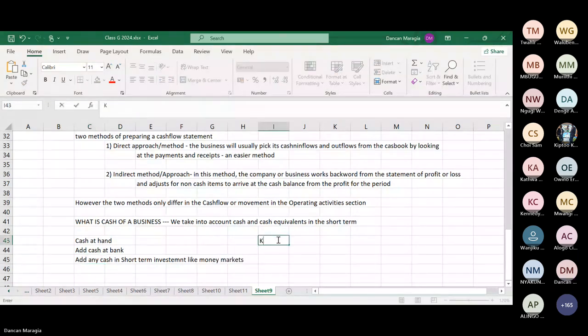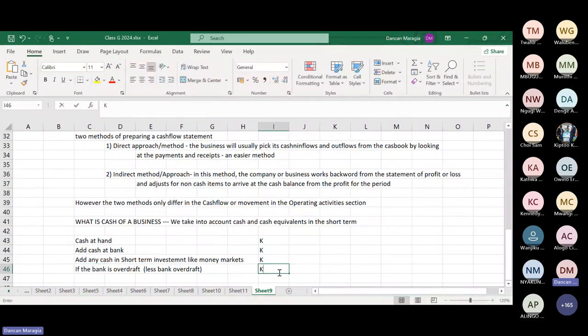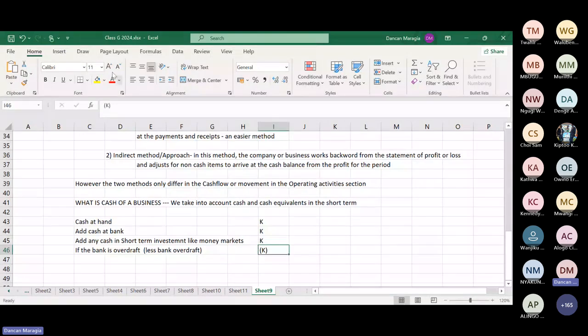Then, if the bank is an overdraft, then we say less bank overdraft, because it's a negative. So this is going to be less. So this figure can be a positive or a negative. Then it will give us the cash and cash equivalents at a particular point in time.